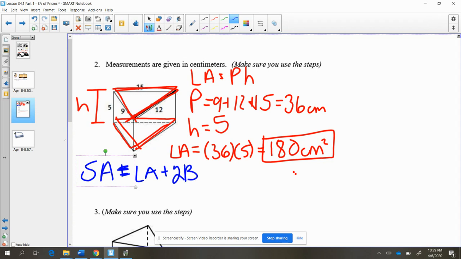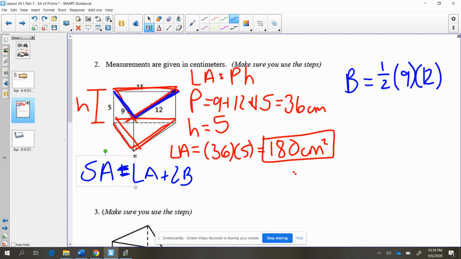So we need to side note over here, we need to come up with the area of the base, because right now we don't officially have that. Notice this is a right triangle with a height of 12 and a base of 9, so 1/2 the base times the height gives the area of a right triangle.